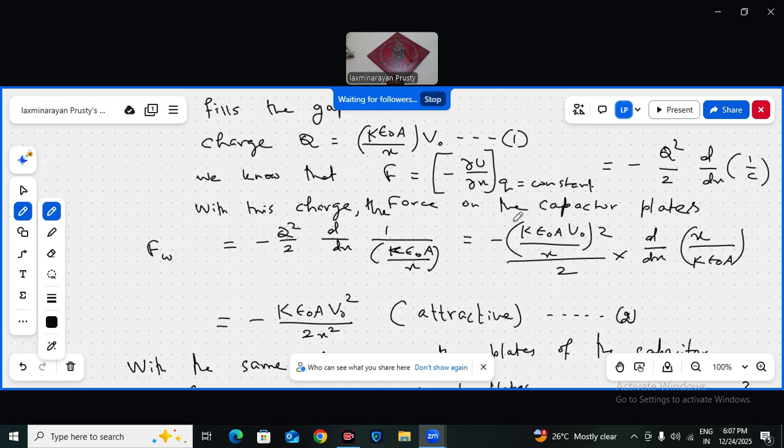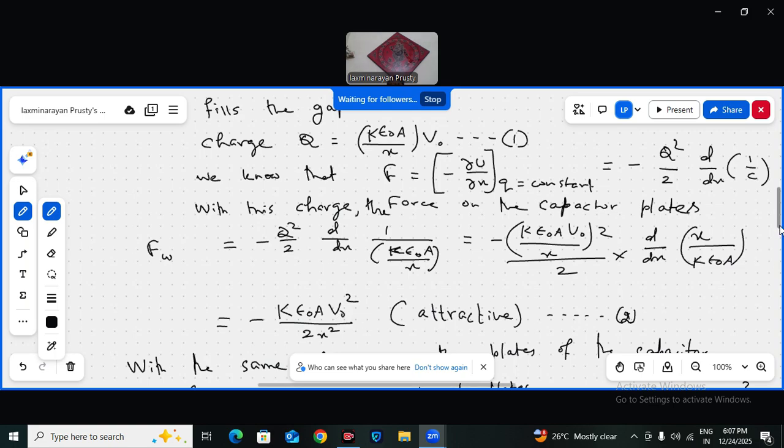That is minus Q square by 2 d by dX of 1 by C, where 1 by C is X by K epsilon 0 A. Q is already K epsilon 0 A by X times V0. Squaring it, divided by 2, minus sign there, d by dX of X by K epsilon 0 A. So K epsilon A cancels, V0 square remains, X square remains, 2 remains, and dX by dX is 1. The minus sign remains as it is.